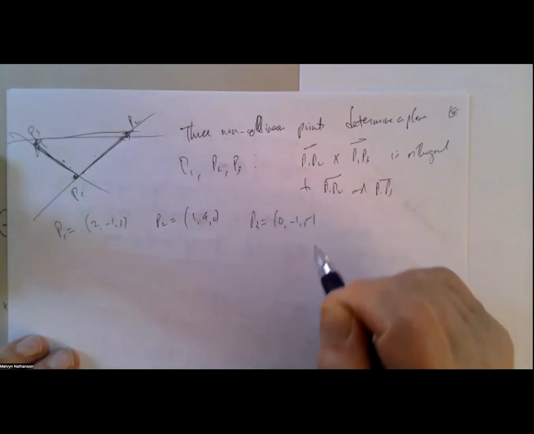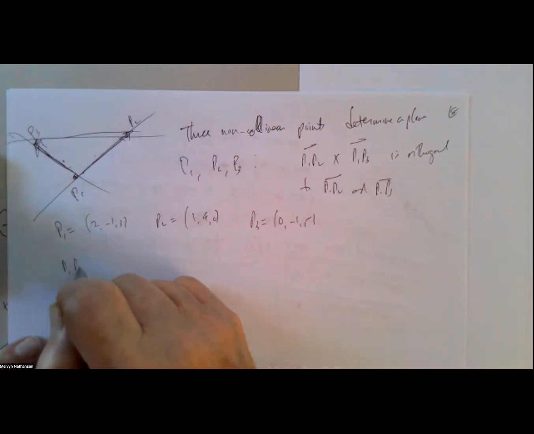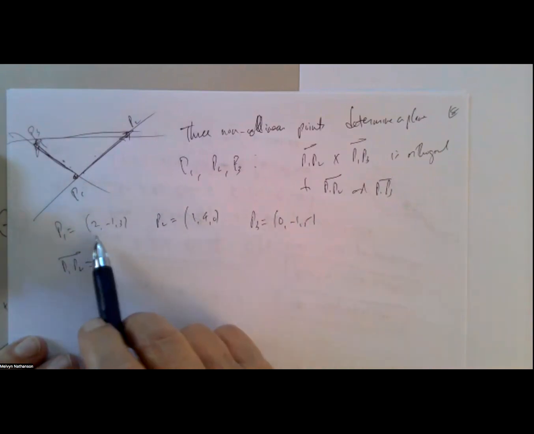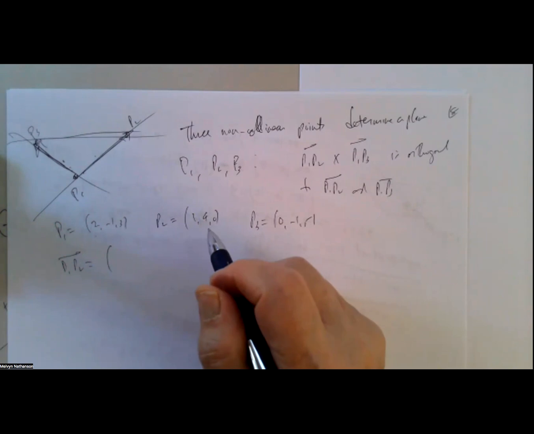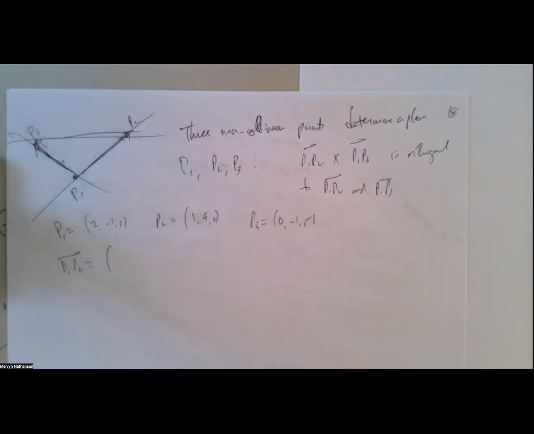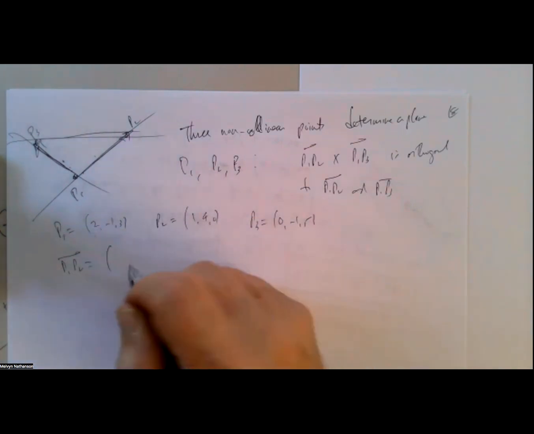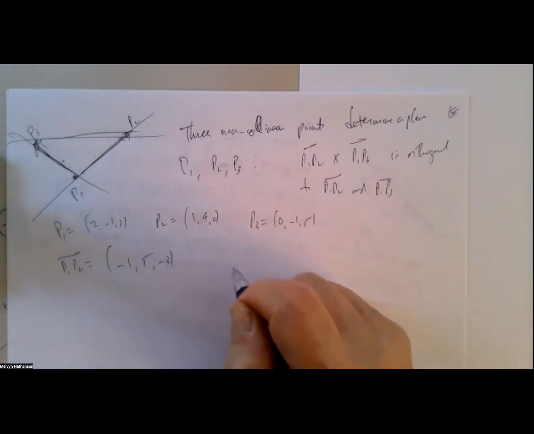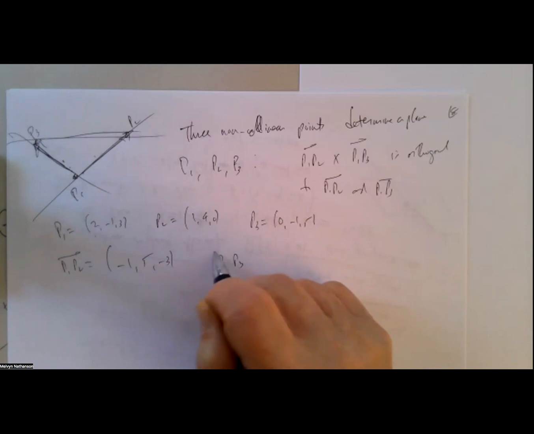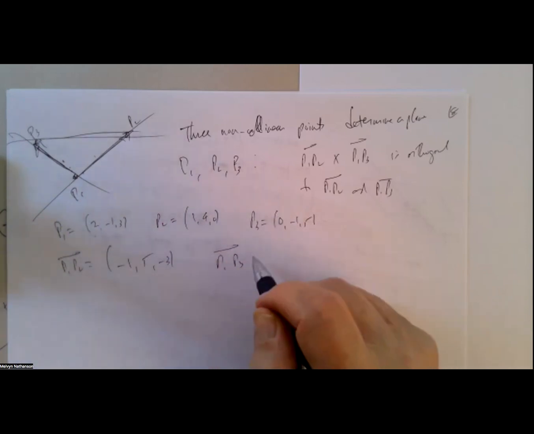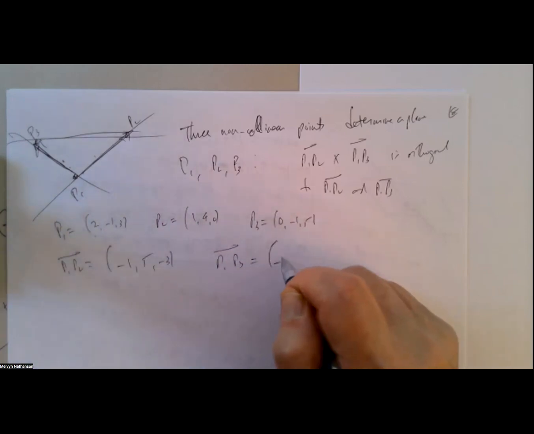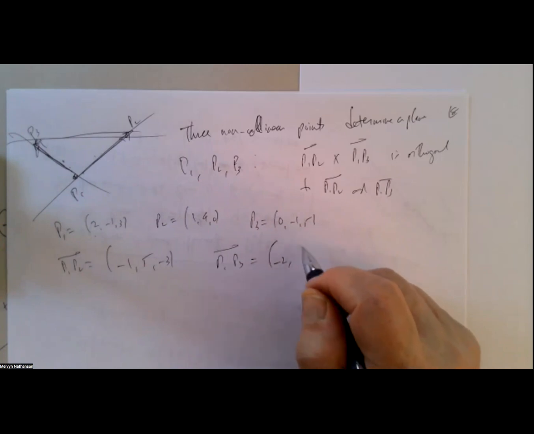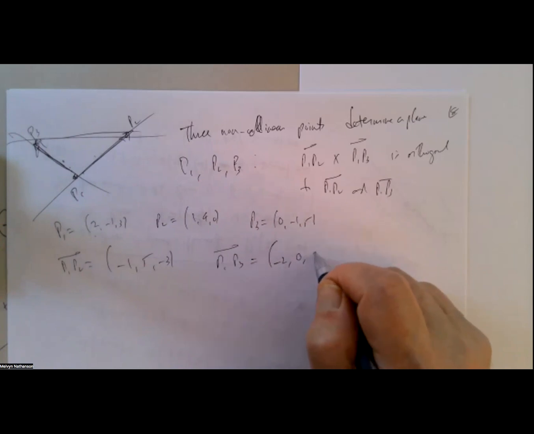So the vector from P1 to P2, if I subtract P2 minus P1, I get -1, 5, -3. And the vector from P1 to P3 has coordinates -2, 0, 2.